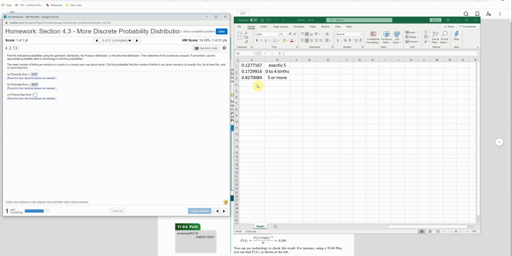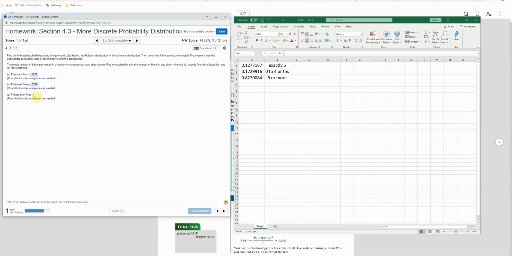Okay, again, the Poisson, unlike the binomial, we can't type in how to get more than a number. Whereas with Poisson, we have to find out the value that's less, and then we use its complement. If this is the probability of getting 0, 1, 2, 3, or 4, then this is the probability of getting anything more than 4.